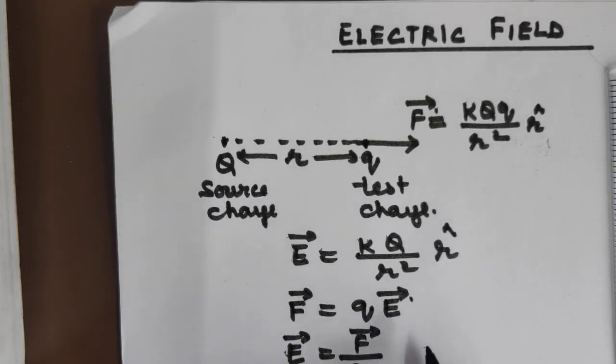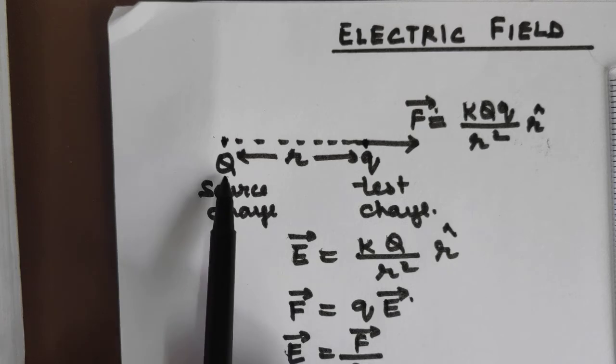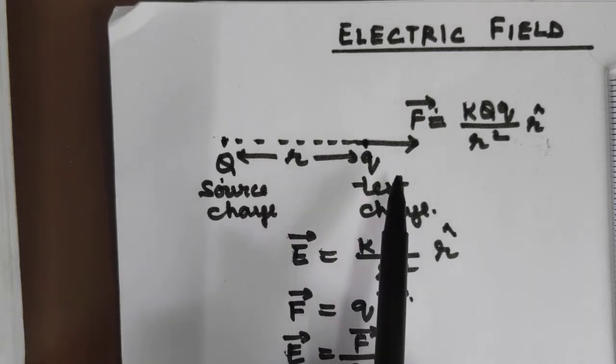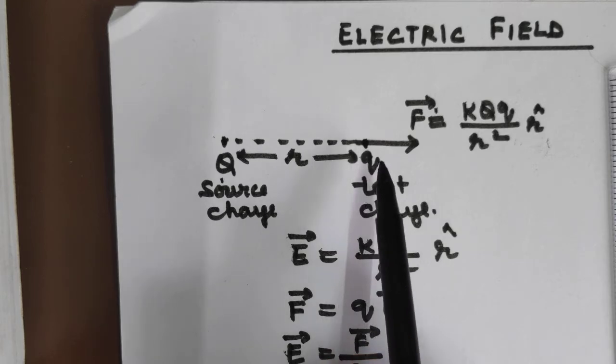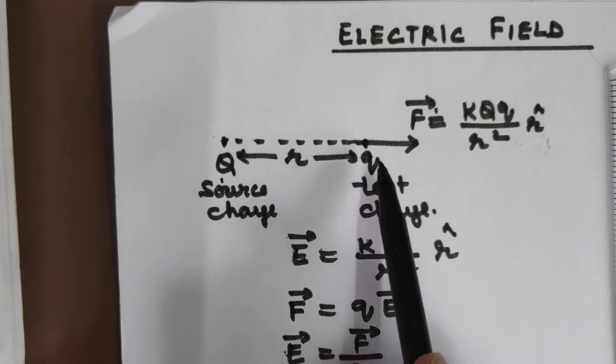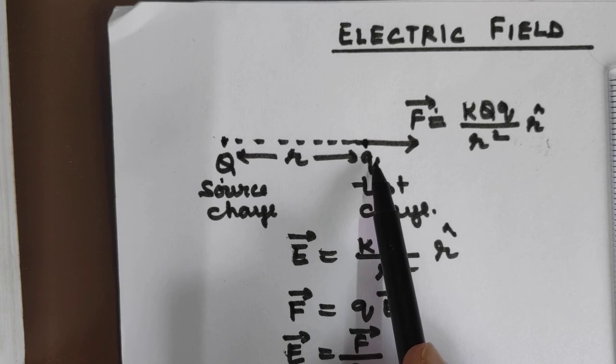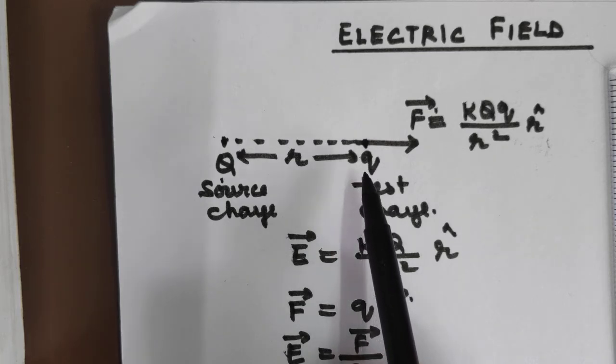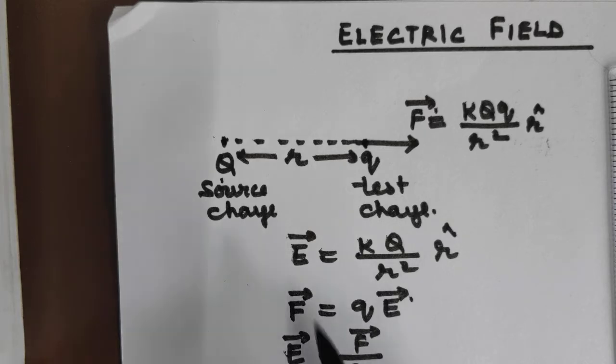Okay, then we can define the electric field due to a point charge Q at a point in space as the force a unit positive charge would experience if placed at that point. Is it clear?